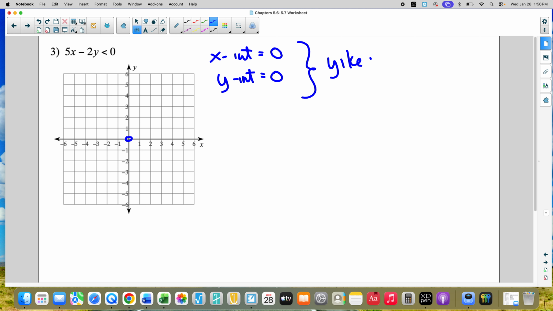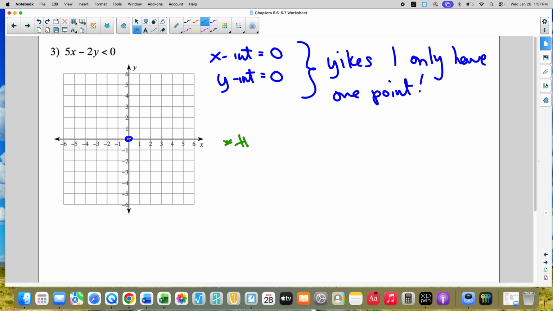Yikes. I only have 1 point, and I can't graph a line with only 1 point. So this situation is the only time that we would change it into slope-intercept form.